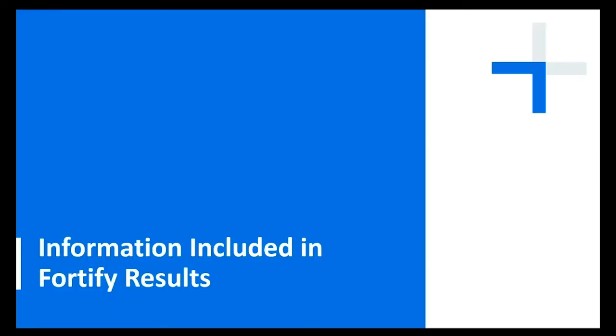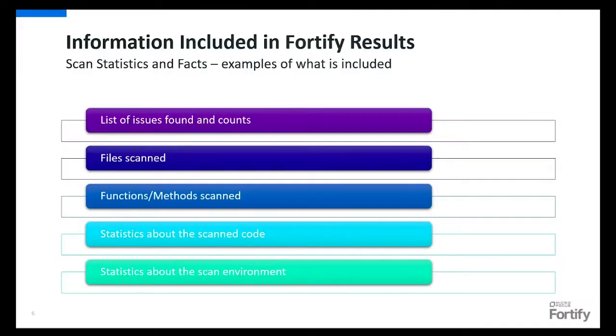Before we do that, what information is included in Fortify results? We provide some scan statistics and facts, and here are some examples of what is included. We provide a list of issues found and the counts of those issues in the different critical, high, medium, low buckets. We provide a list of files scanned.